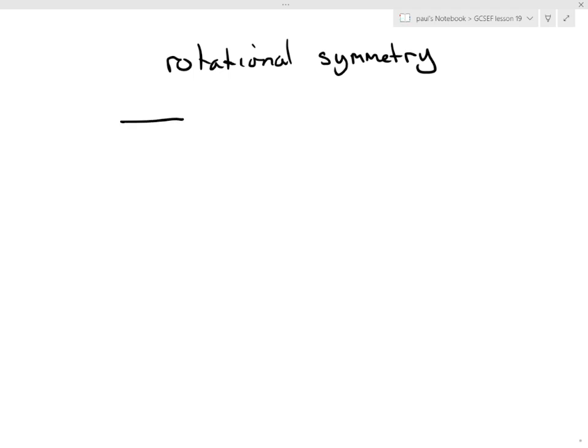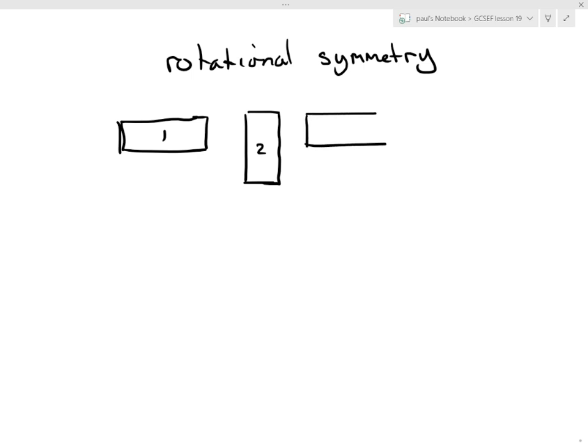For example, you have the original of a rectangle. We call this number one. And we spin it through, say, 90 degrees or whatever. It doesn't matter. You're slowly spinning it around a center point. That doesn't look the same as the other.